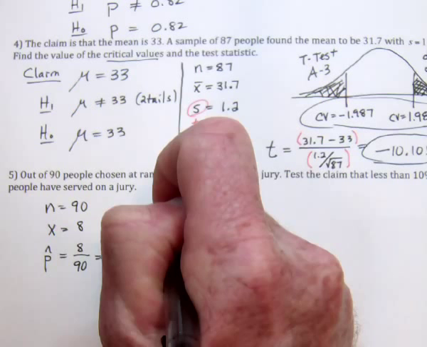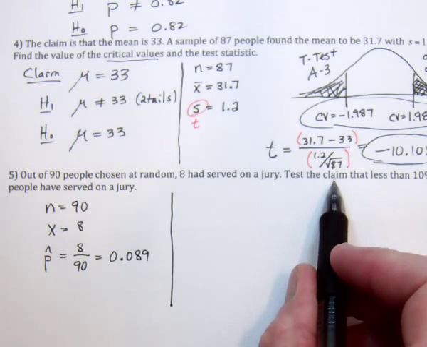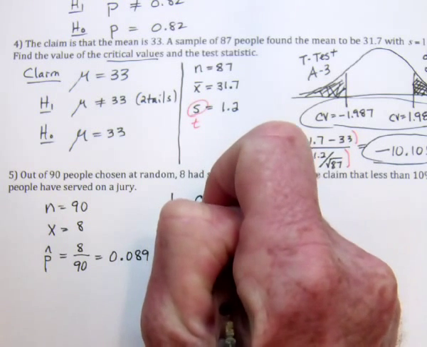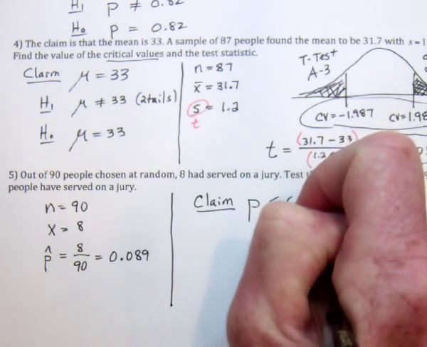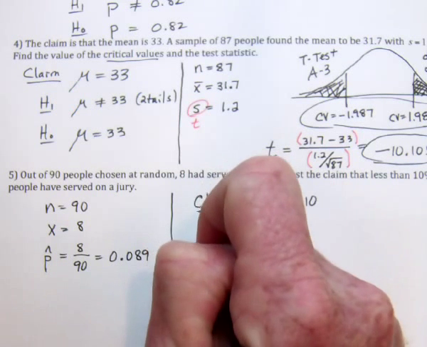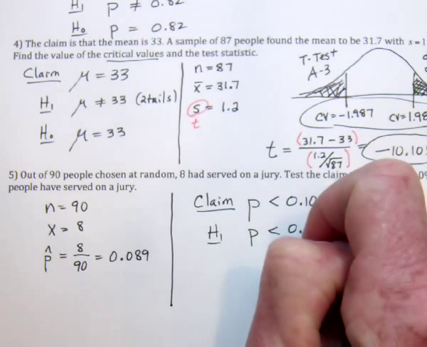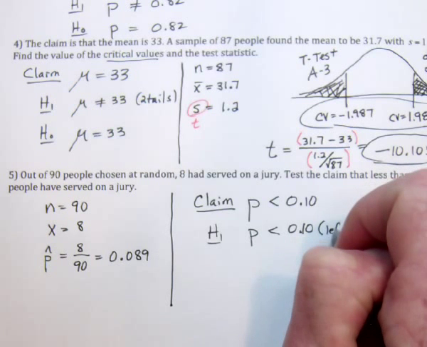Okay, next, test the claim that less than 10%, so that's a proportion. The claim is that the proportion is less than 10%. Since that doesn't have an equals, then H1 is just like that. And that's pointing to the left, so that's going to be a left-tailed test.